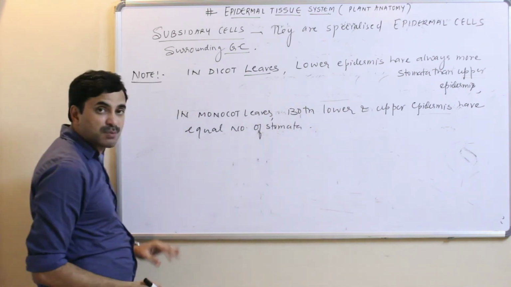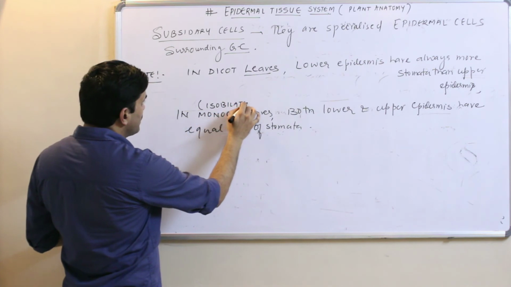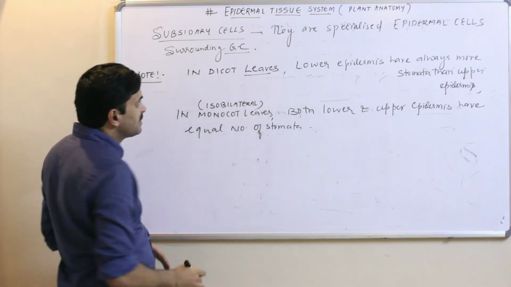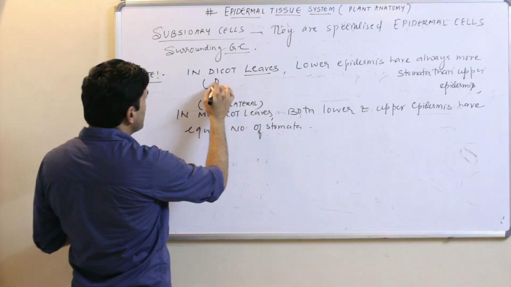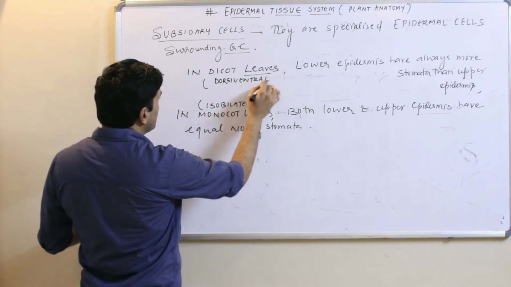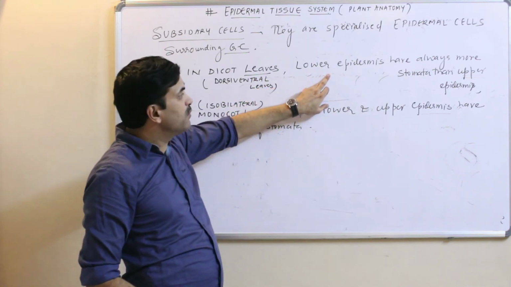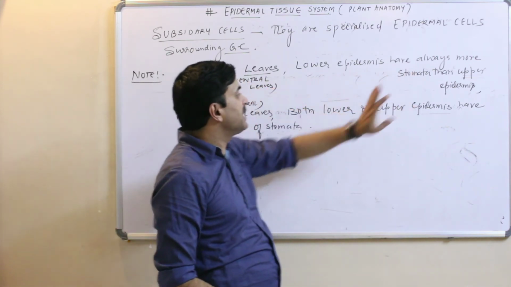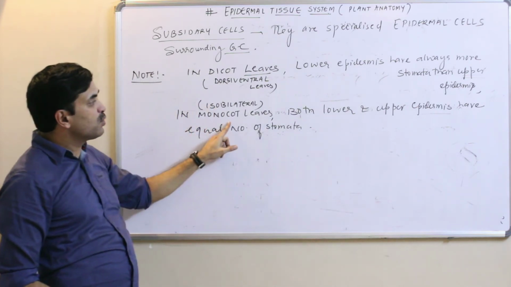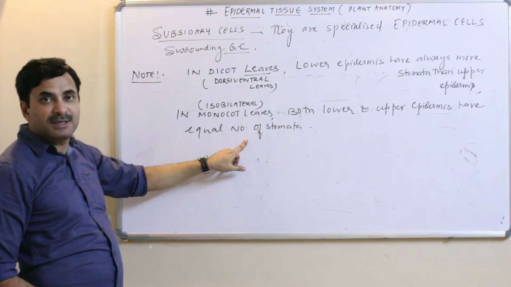Why? Because monocot leaves are called isobilateral leaves, and dicot leaves are called dorsiventral leaves. So here both the epidermis are different.